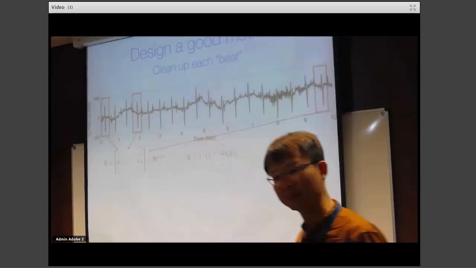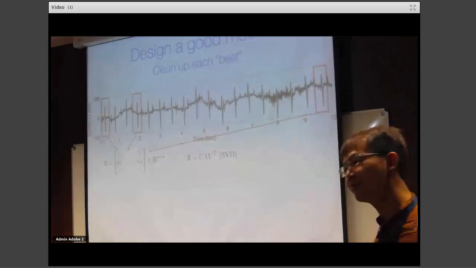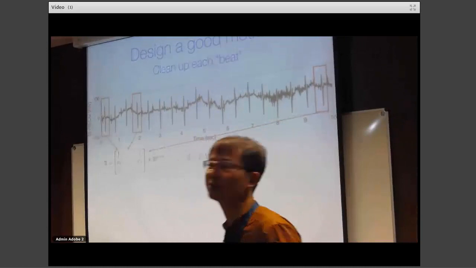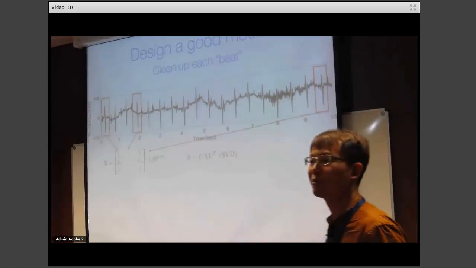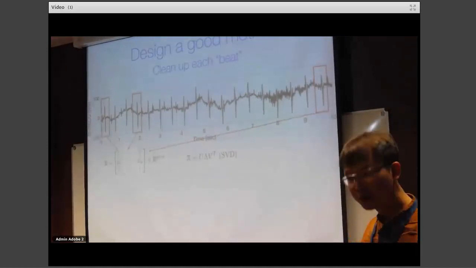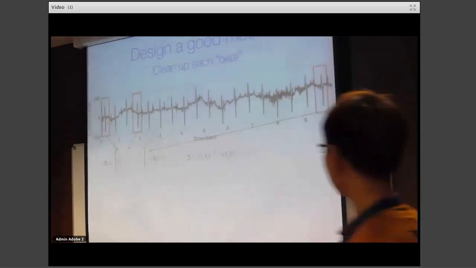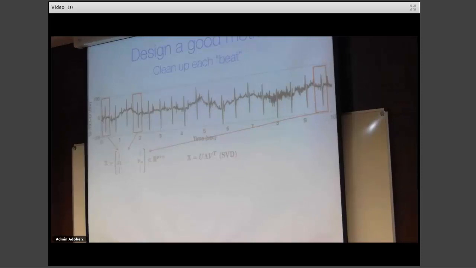N is the number of beats, and you can run singular value decomposition. If you ever work on spatial temporal models, or high-dimensional machine learning models, then this may look familiar to you. So you run some singular value decomposition.